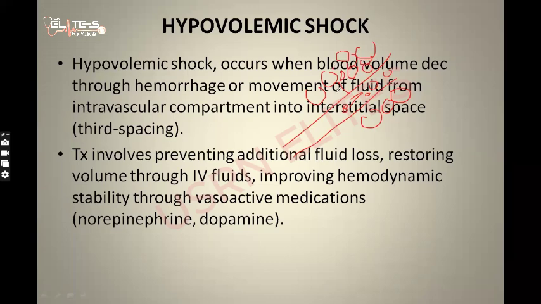So the spaces in between blood cells, or let's say tissues, spaces in between tissues, that is what we call interstitial spaces or third spaces. So think of edema. When you have edema, it's similarly what happens, okay? When you have edema, ascites, any form of swelling. So that's how it happens.